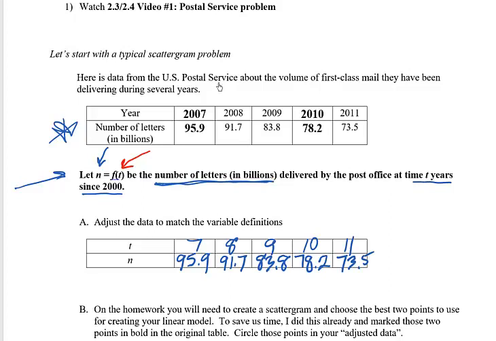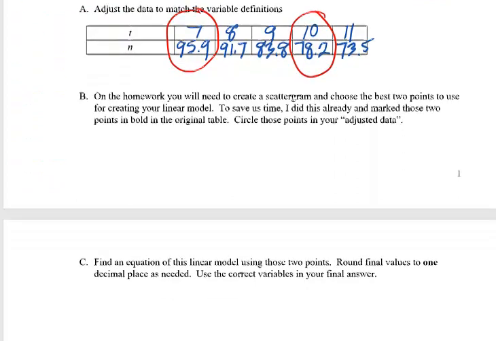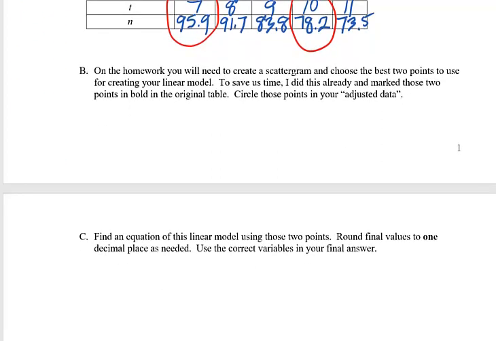And I chose, based on the picture, these two data points as the best ones to use to form the equation of the line. And so letter B basically says, look, let's make sure in our adjusted data that we circle those 2 points. These are the 2 ordered pairs that we're going to use in order to create our linear model. And that's where we're going next in part C.